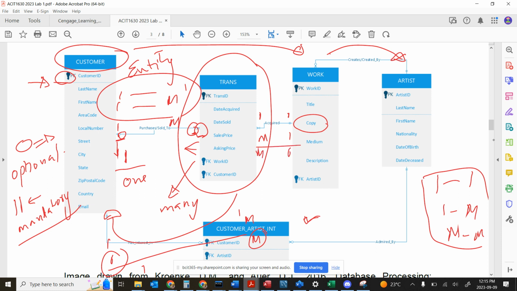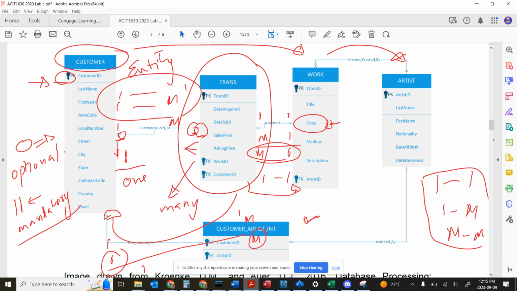Now let's look at left to right. So left to right, if you read it, one transaction belongs to one work. Can one transaction belong to multiple works? There is a possibility, but here we are saying that one order can have only one work belonging to it, because here we are considering a number of copies.